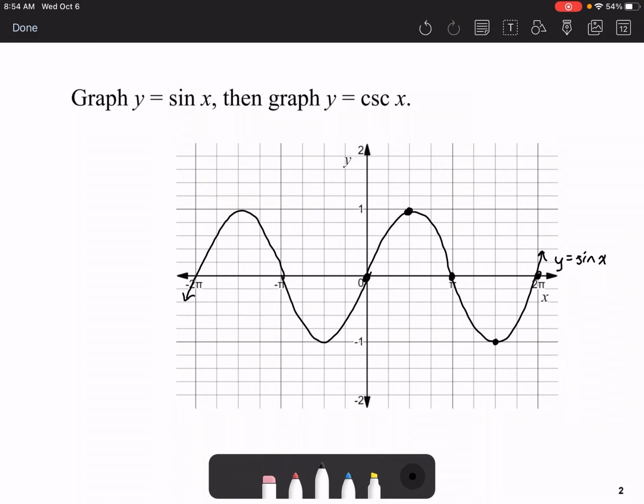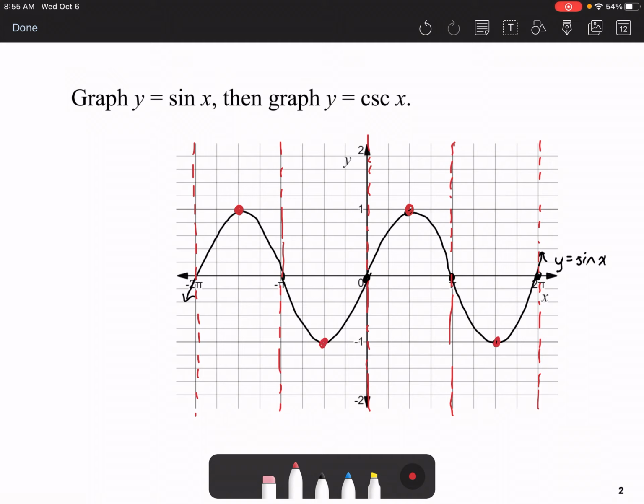Now, using what we know, reciprocal functions have vertical asymptotes when the original function is 0, so vertical asymptotes at multiples of pi units, which I'm drawing in here as dashed lines. They also intersect when both functions are equal to 1 or negative 1.